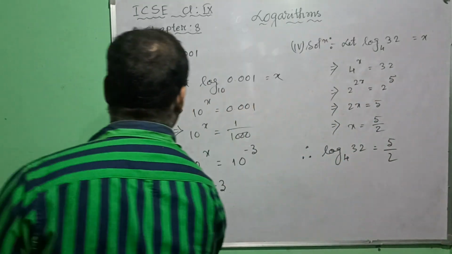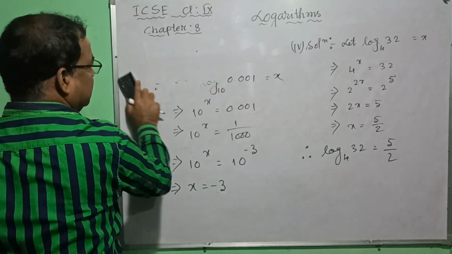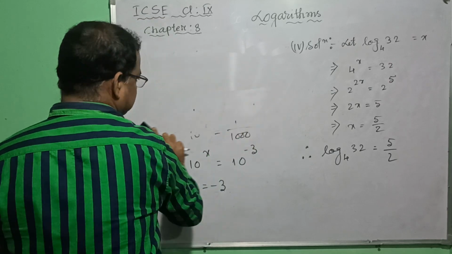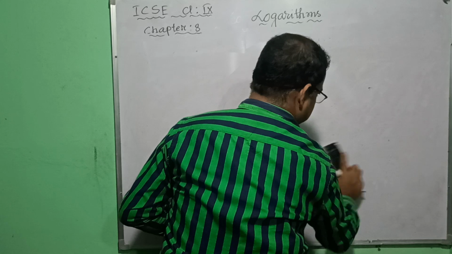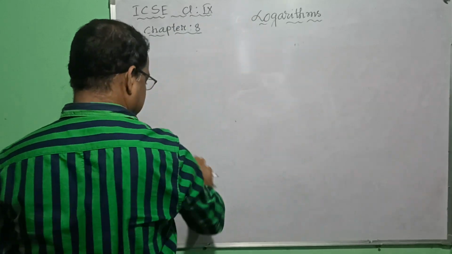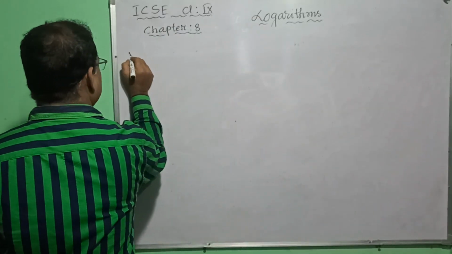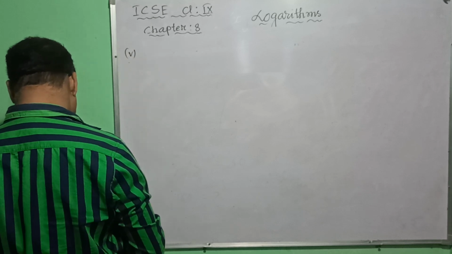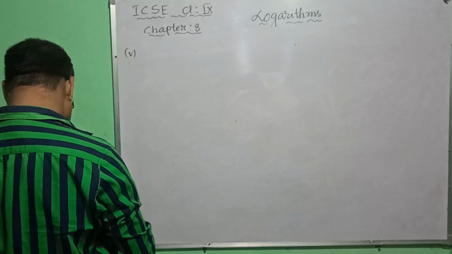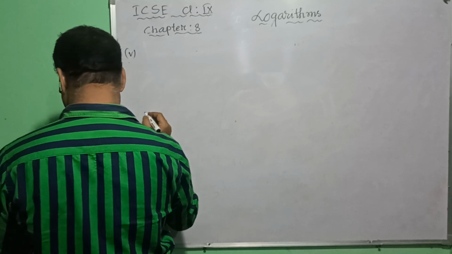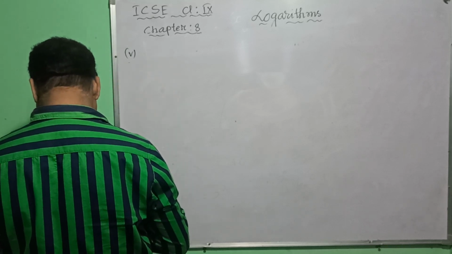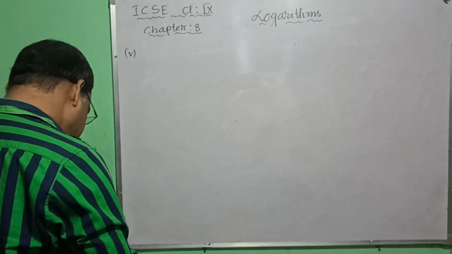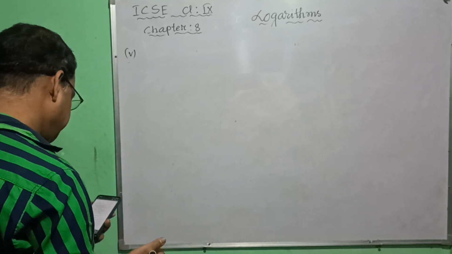Now we will do number 5. In number 5, it is given the logarithm of 0.125 to the base 2.